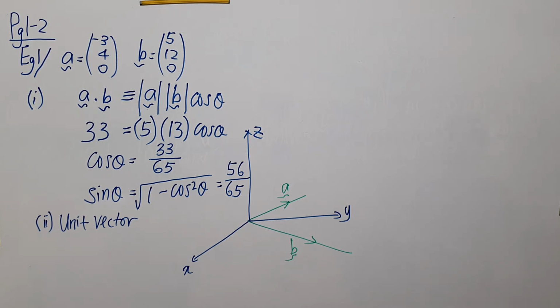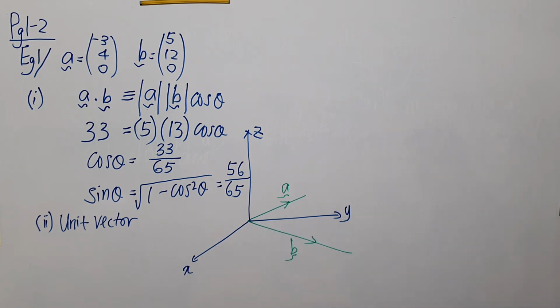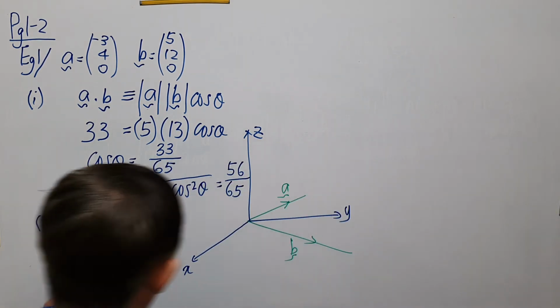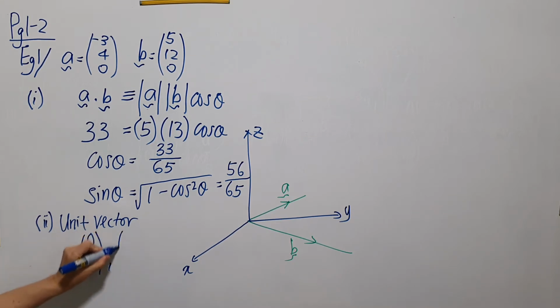So if you are asked to find a vector which is perpendicular to A and B, judging from this diagram, an obvious choice would be a vector that is up this way or down this way. In fact, there are two choices that you can pick: 0, 0, 1 or 0, 0, minus 1.